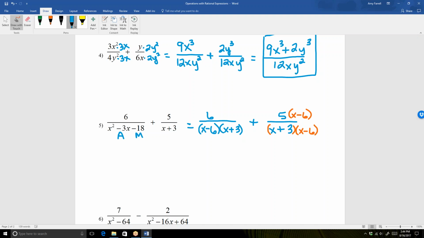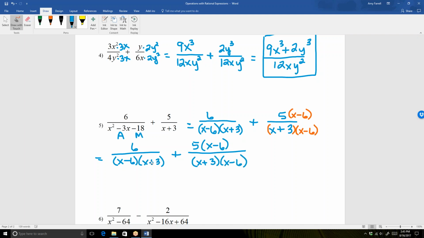All right, now my problem looks like this. I have 6 over x minus 6 times the quantity x plus 3 plus, I'm going to go ahead and wait to distribute. So I'm just going to keep it as 5 times the quantity x minus 6 over x plus 3 times the quantity x minus 6.